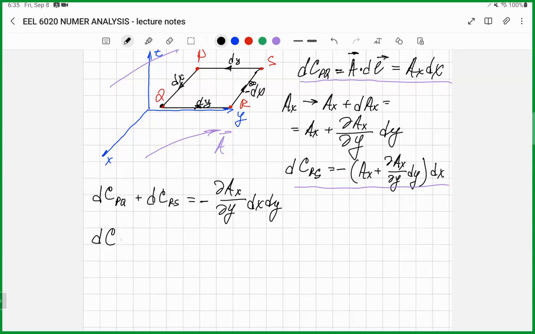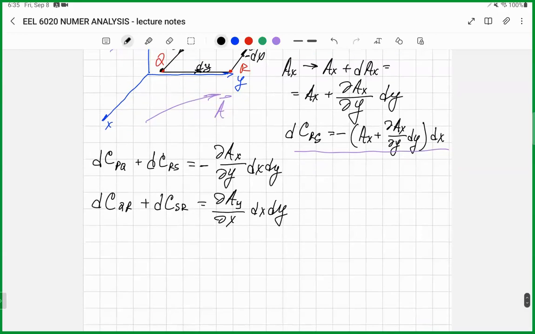So dCQR plus dCSP is equal to dAy over dx dx dy.